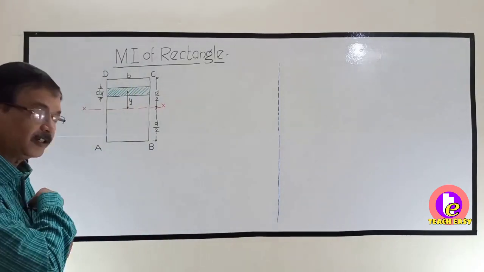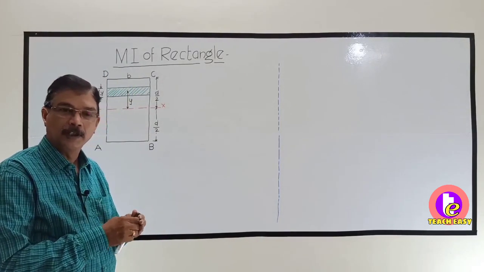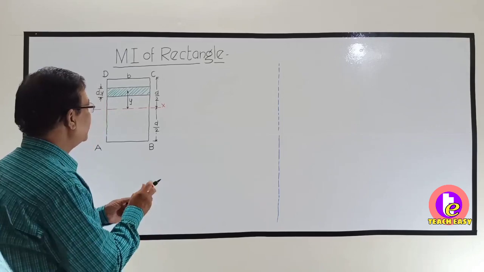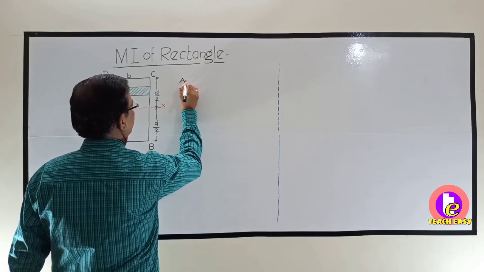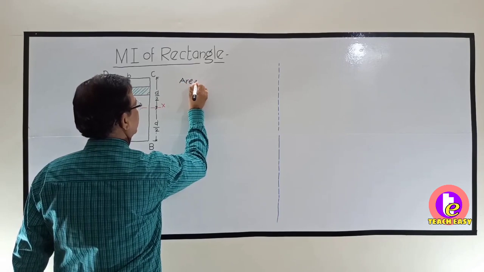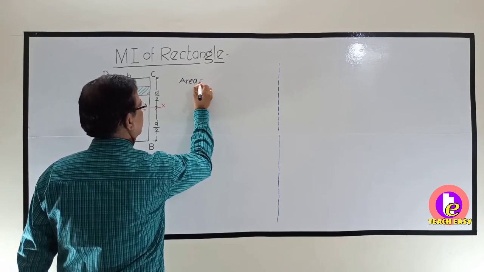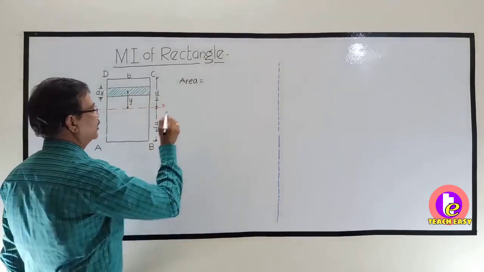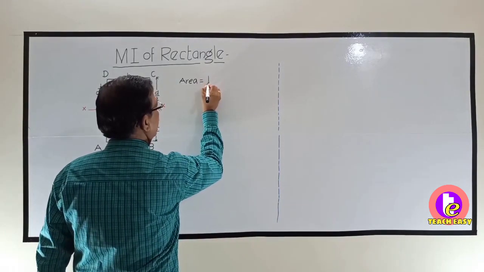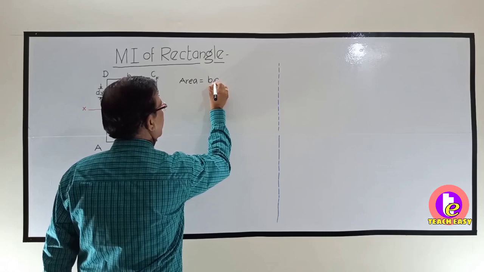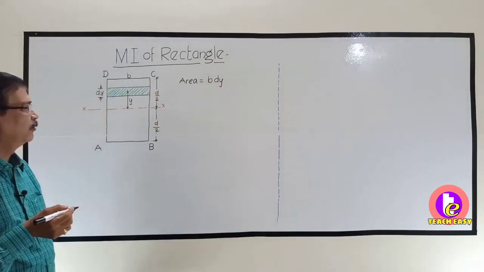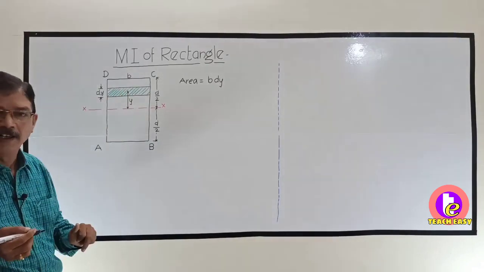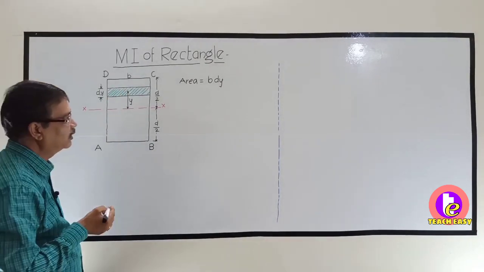Now we know that the area of this strip is, what will be the area? Width into thickness. Width is b and thickness is dy. We know that its distance is y, so we will take moment.